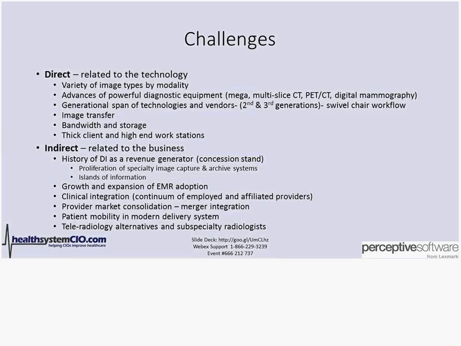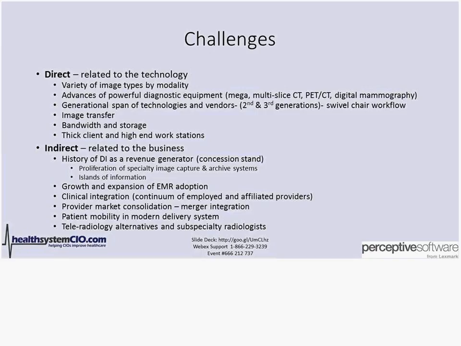In parallel to that, over the last 10 years, really, significant growth and expansion of electronic medical record adoption. So that's really raised the bar in terms of expectations of clinicians as well as patients regarding access to their record. Clinical integration is one of those terms. If you ask 5 people what that meant, you'd get 5 different answers.